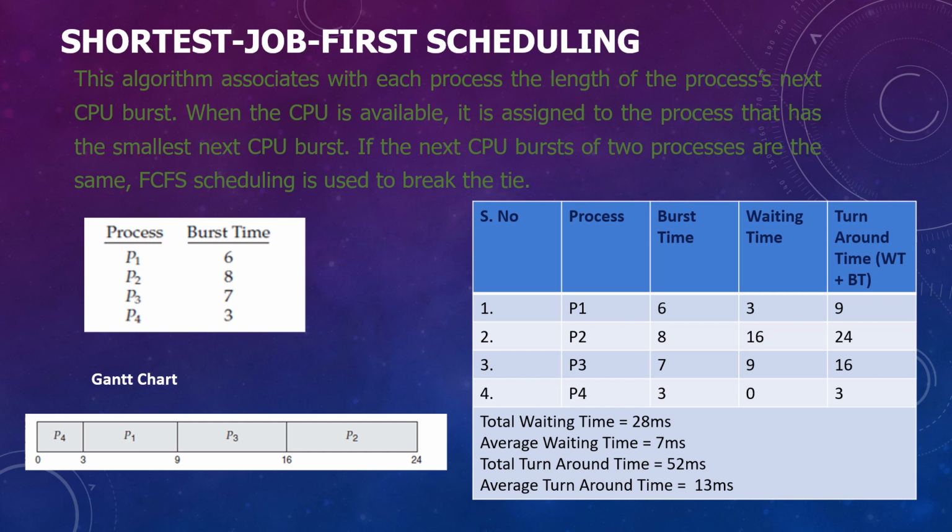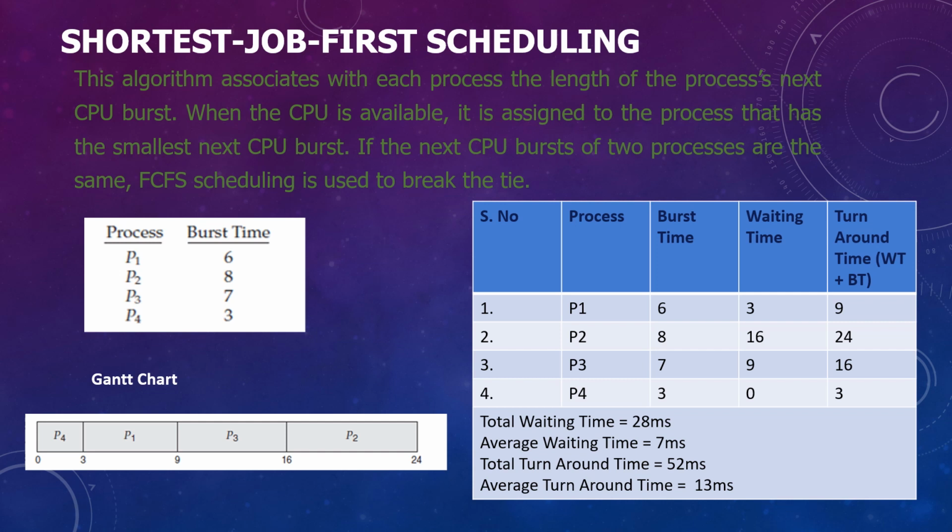Next, process P3. When does process P3 enter the CPU? At the 9th millisecond, so here we have kept 9. Next, process P4 did not wait in the queue at all, because as soon as the process arrives, it enters the CPU.